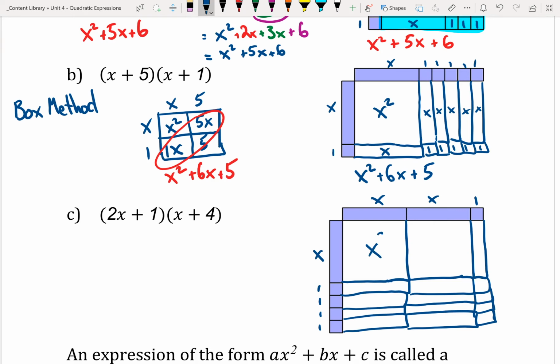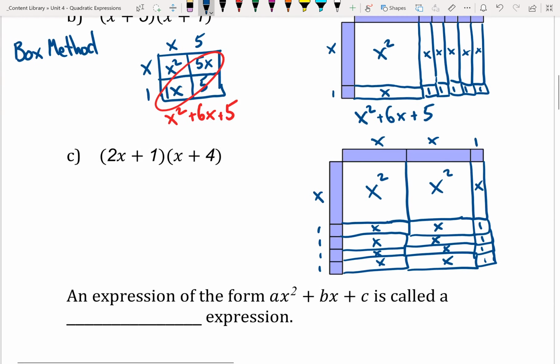So when we go through and add it up, we have an x squared, x, x, x, x, x, another x. All the rectangles are x's, and then 4 1s at the end. If I were to go through and add all those up, I have 2 large x squareds plus 9 x's, and then plus 4.